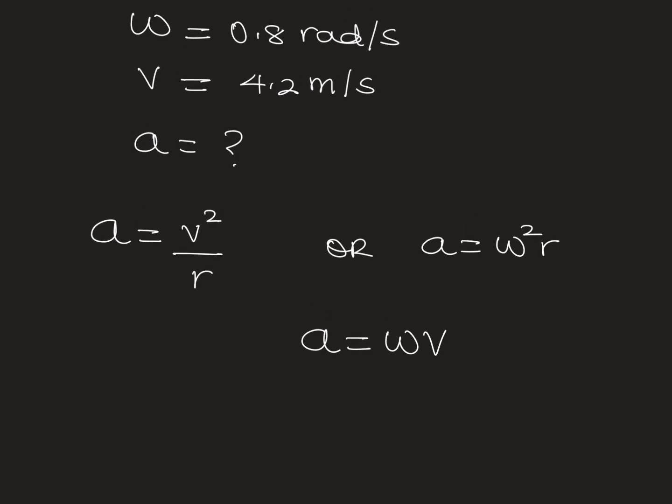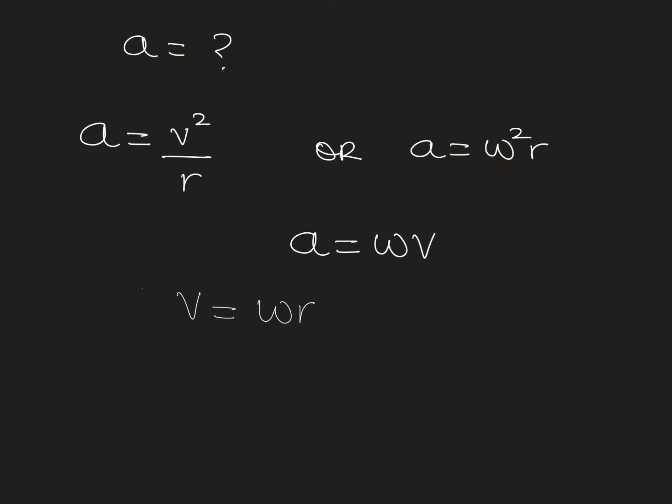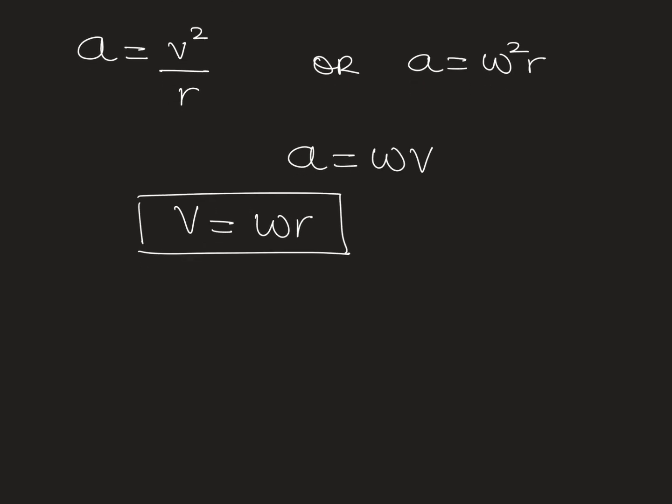We know that v is equal to omega r, right? Using that, we can find the radius. If v is equal to omega r, by dividing both sides by omega, we can make r the subject of the formula.